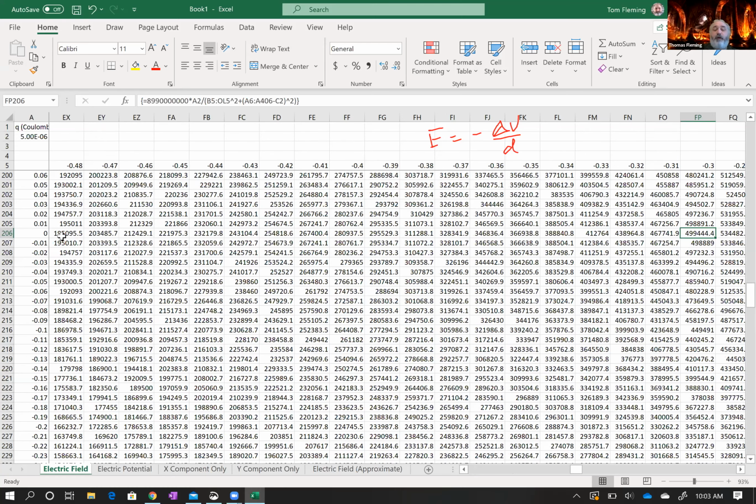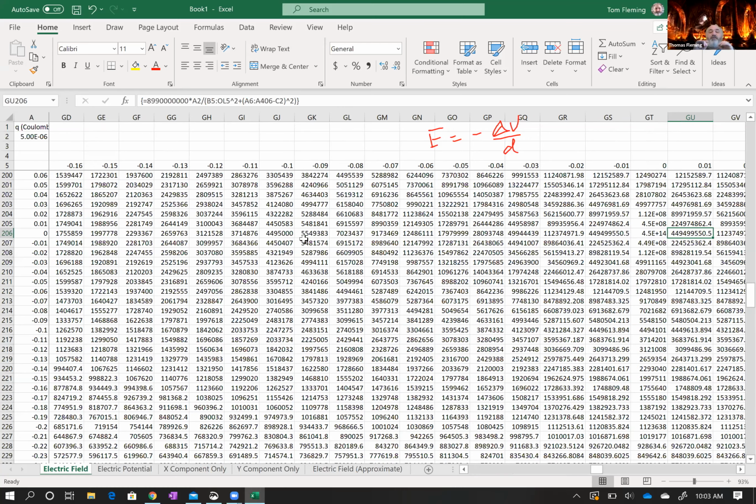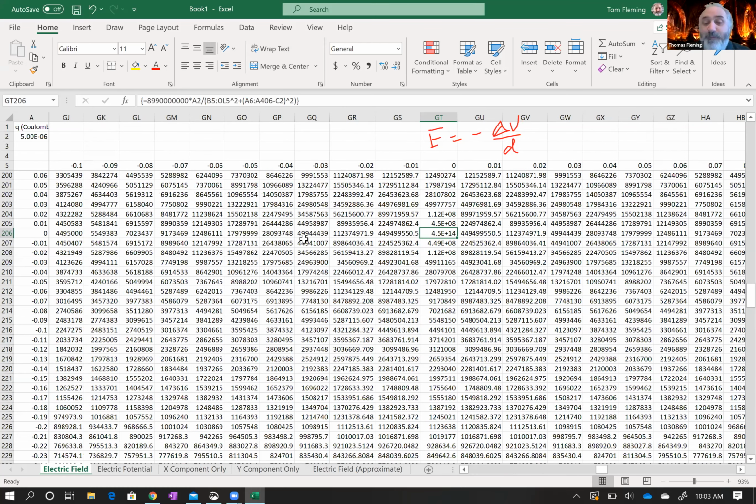So right here is 0, 0. That's basically the point charge, just barely to the side of that. Remember, we moved it by 0.0001 up above. So basically the point charge is between this box and this box.